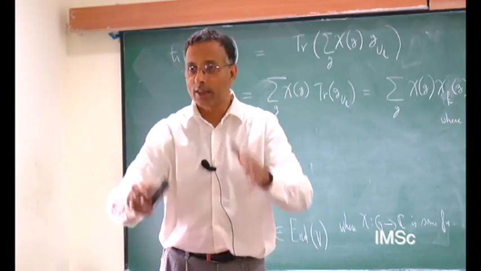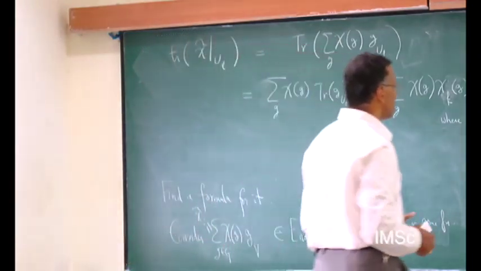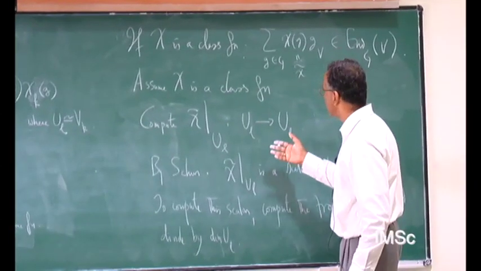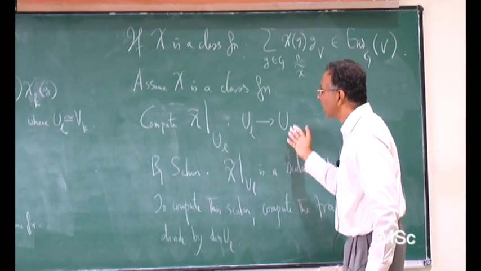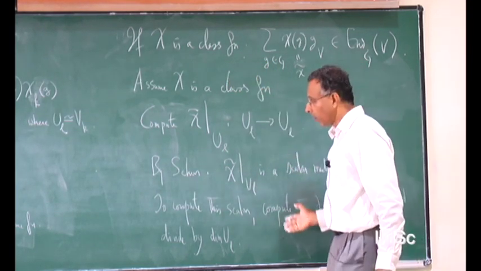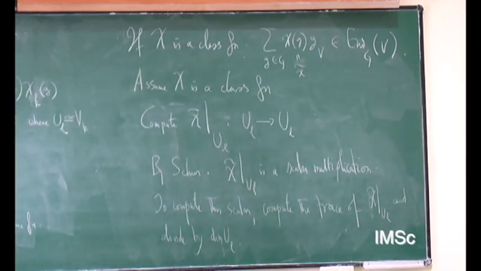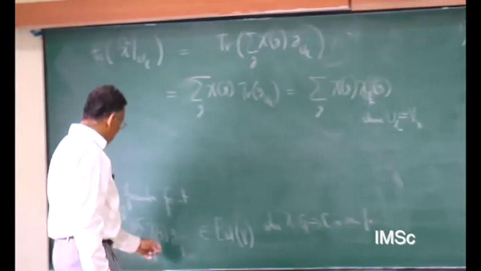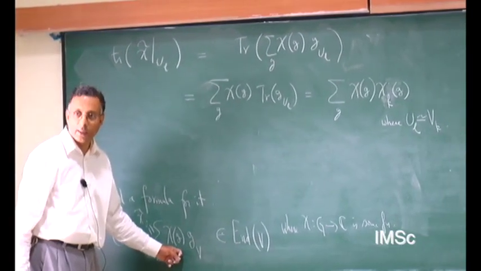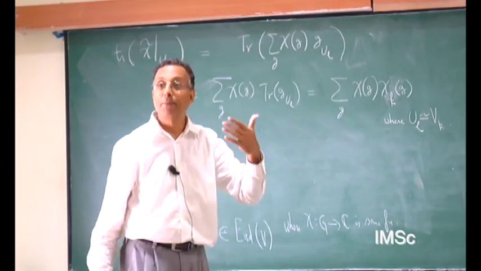You keep following this track, and it leads you to lots of things. So what do you want? See, how did we start? We wanted to compute the projection. So I took a class function and tried to write this class function, and I'm trying to compute chi.